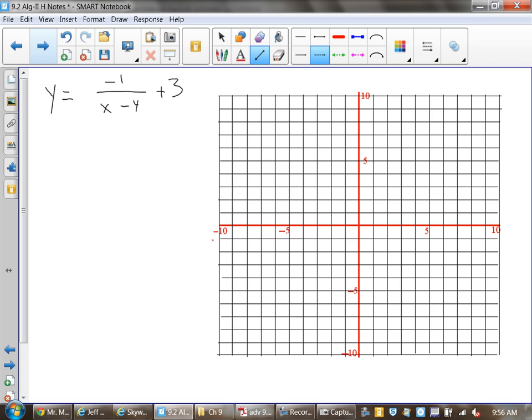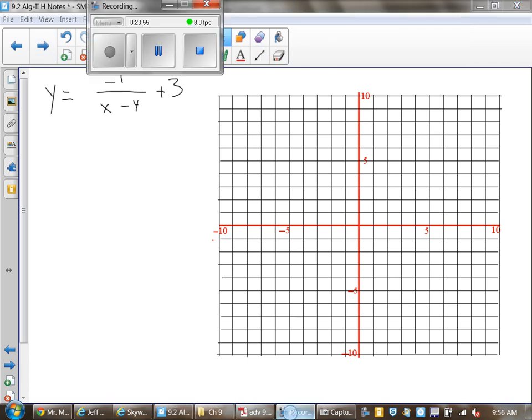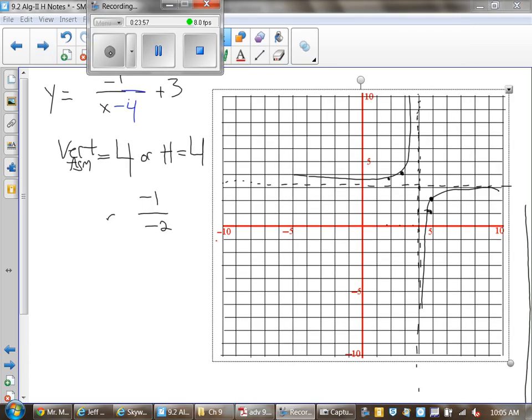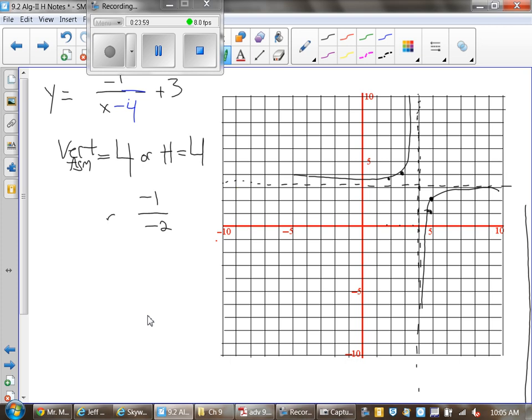Try this one, please. Thank you, sir. When I look at this one for the domain, my domain is going to be all the possible x values, except what? What can't x be? 3. Isn't it 4? Oh, I thought it was at 3 for some reason.